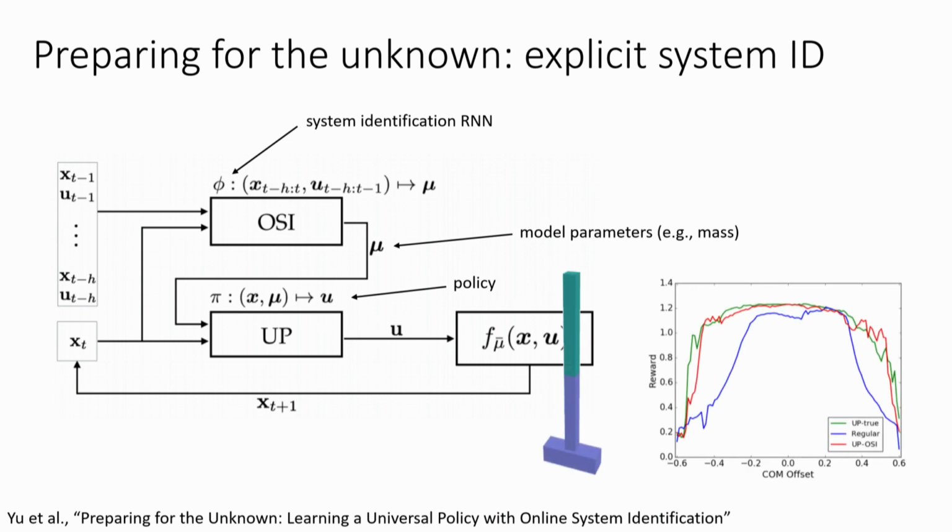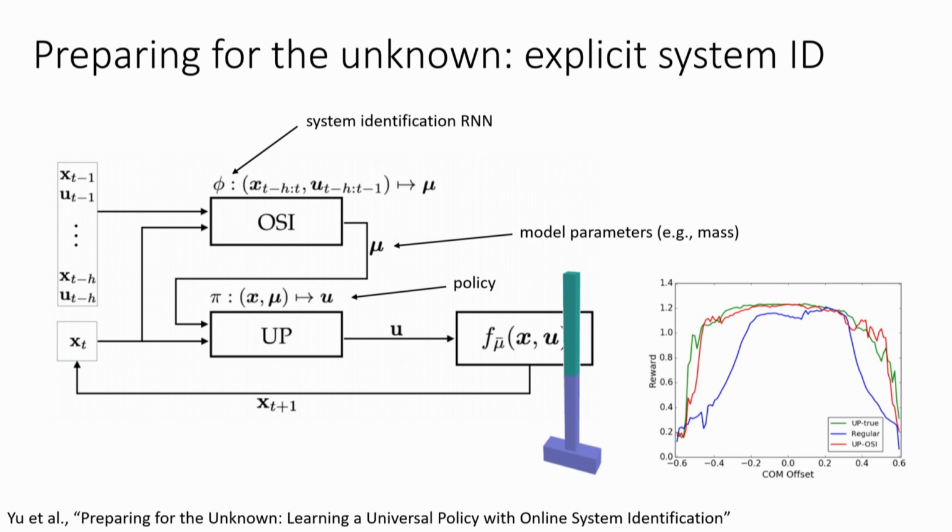And this paper evaluates it on a few simulated environments, like a simulated version of the Hopper, which is more stylish and rectangular now. And what this curve is showing is on the x-axis, kind of similar to the plots on the previous slide, it's varying a particular physics parameter. The particular parameter here is the offset of the center of mass. So you kind of artificially take the center of mass and shift it backward and forward by some number of meters.